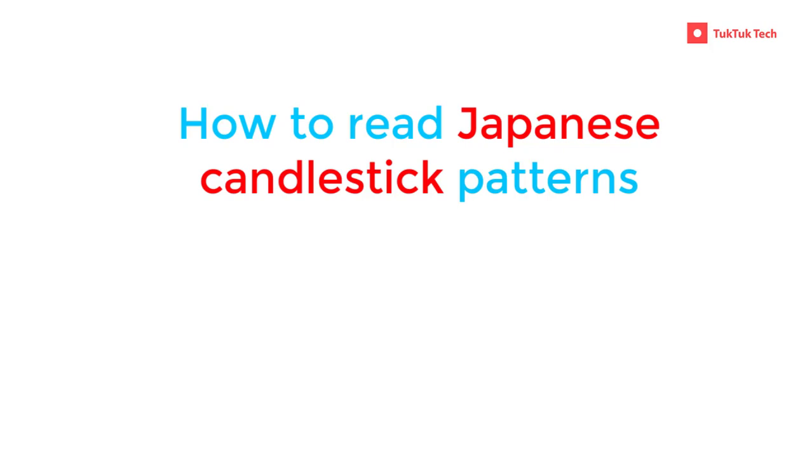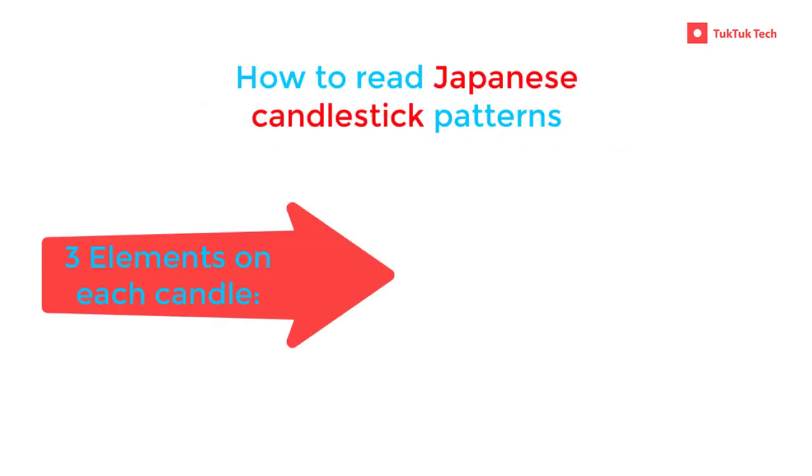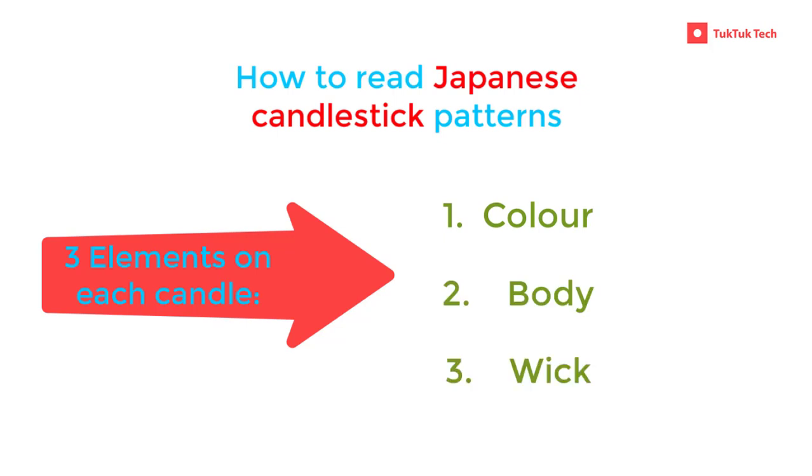How to read Japanese candlestick patterns. To read Japanese candlestick patterns, you'll need to familiarize yourself with three elements. They are its color, body, and wick.